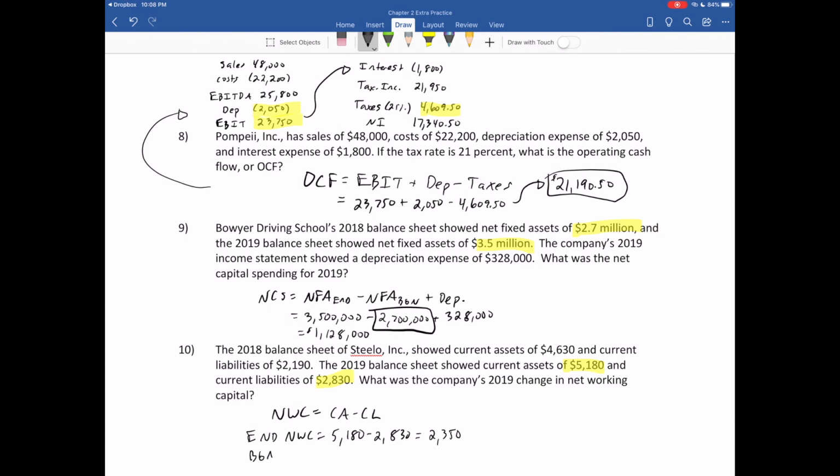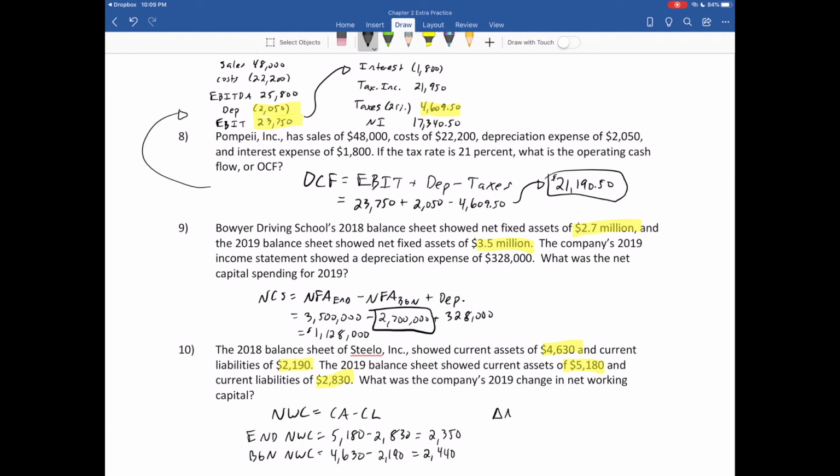And then we need to do the same thing for our beginning net working capital. Our beginning net working capital is current assets of 4,630 minus our current liabilities of 2,190. We end up getting a value of 2,440.